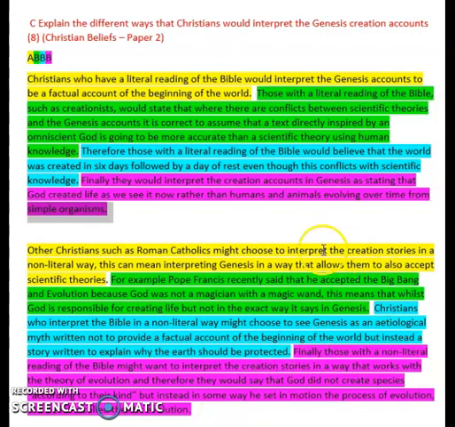And so again, I've got my answer here in yellow. My other way of interpreting Genesis is a non-literal reading. I've got Pope Francis as my source of wisdom. I've spoken about a theological myth, and I've spoken about theistic evolution. And that's the pattern that we're advising you to use for your Part C answers.